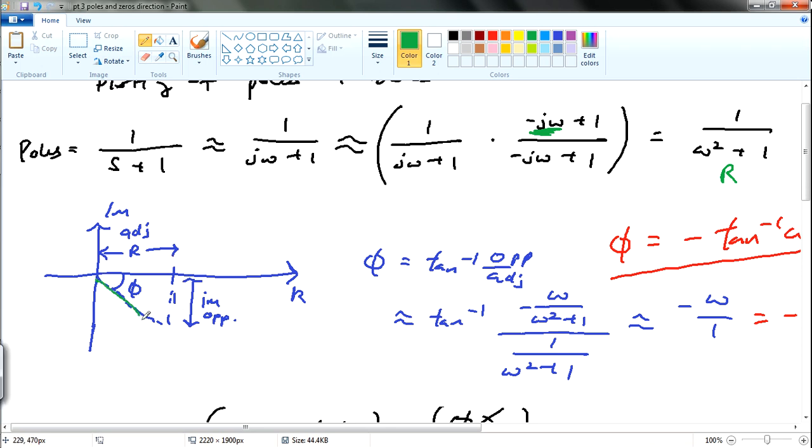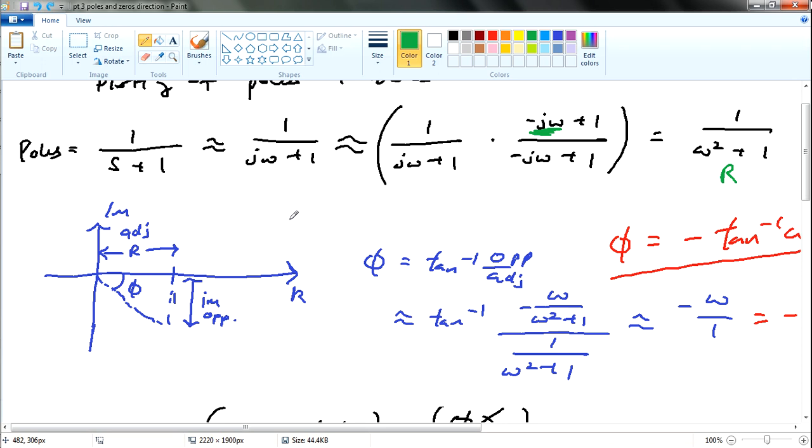So the hypotenuse, as you know, c square is equal to x square plus y square. In this case, x square is the real axis plus the imaginary square. This is just the trigonometry rule.